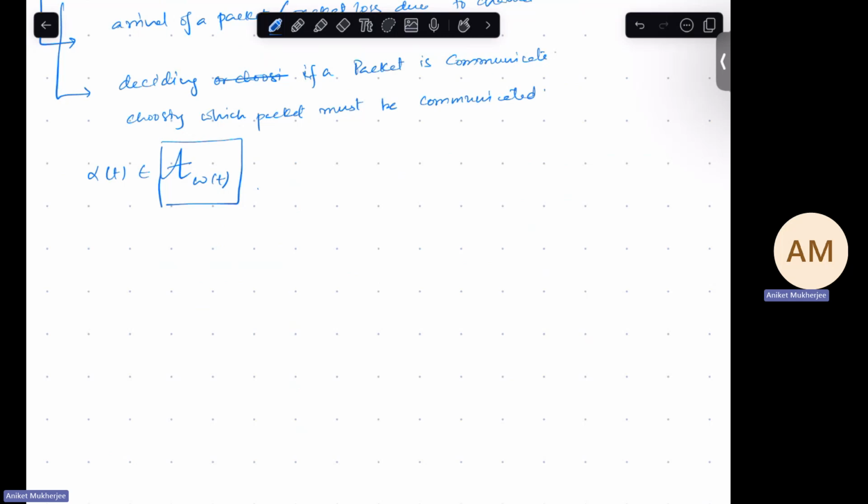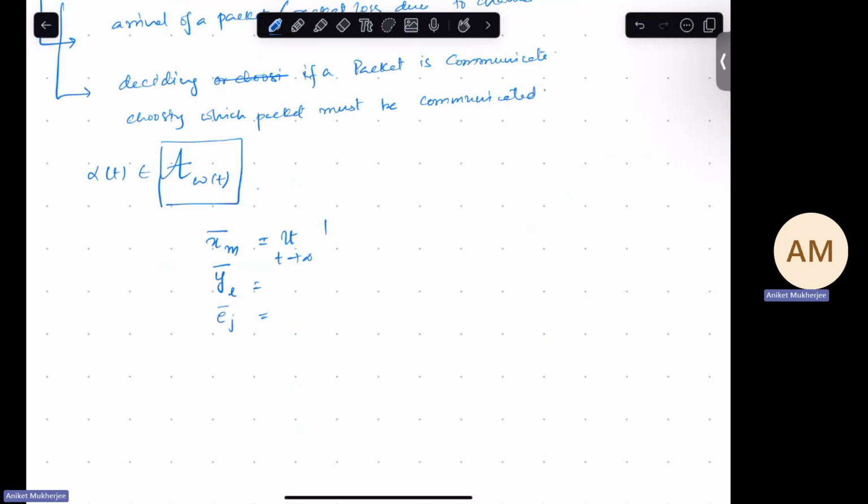Right? Now we'll define x m bar, y l bar, and e j bar. So x m bar is time average.